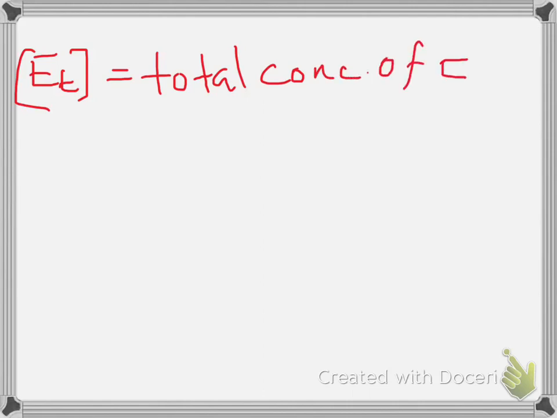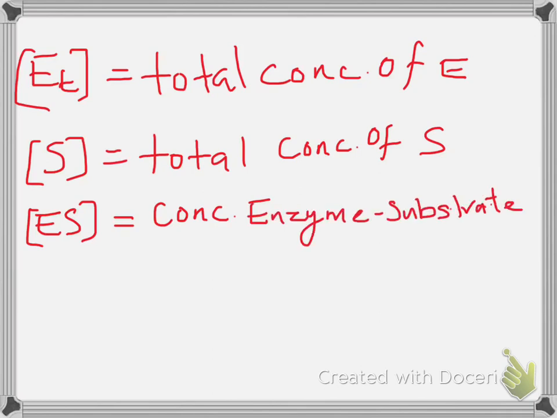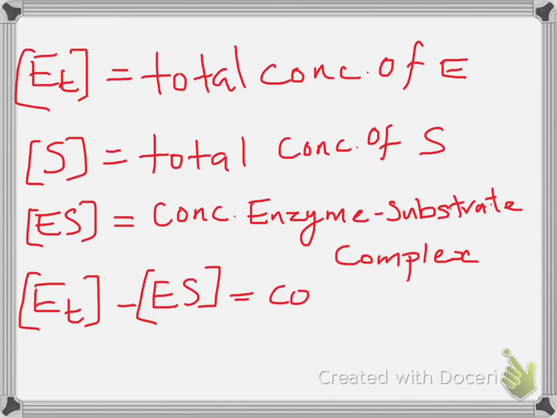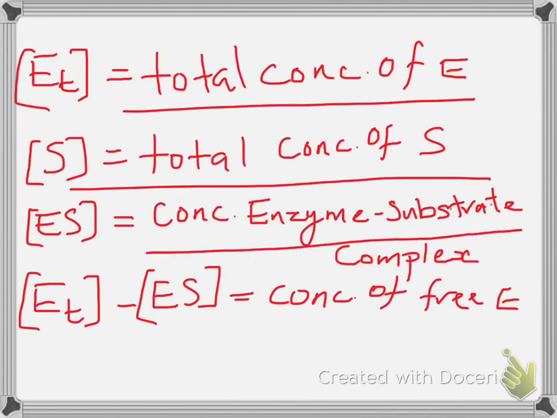They are: ET is the total concentration of enzyme, S is the total concentration of substrate, ES is the concentration of enzyme substrate complex, and ET minus ES is the concentration of free enzyme.